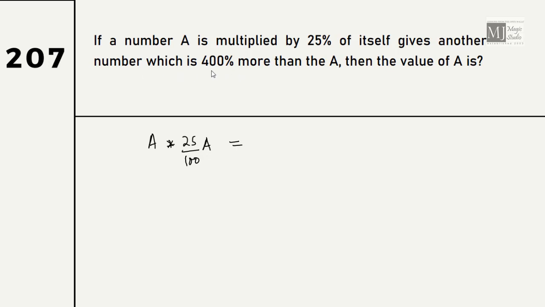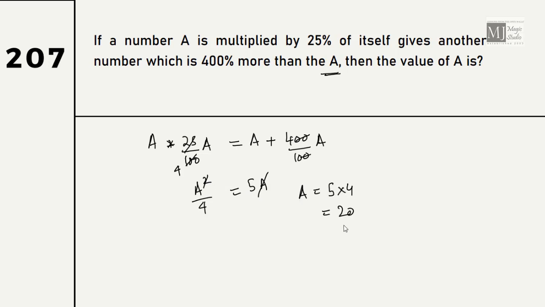It gives another number which is 400% more than A, that is A plus 400% of A. That means A square by 4, because 25 by 100 is 1 by 4, equals A plus 4A, that is 5 times A. If I cancel A, A is equal to 5 into 4, that is 20. Number is 20.